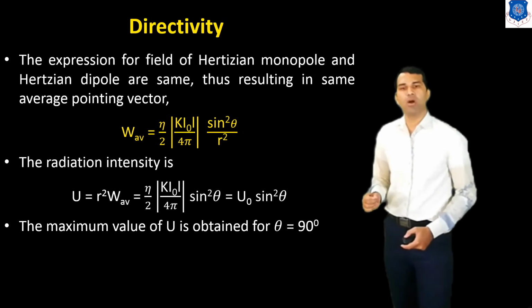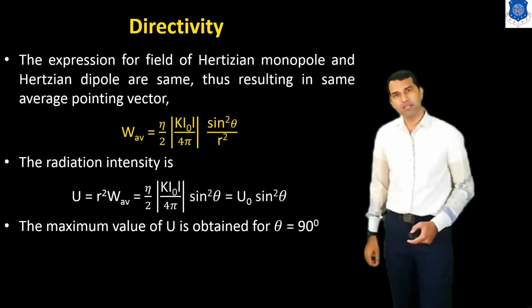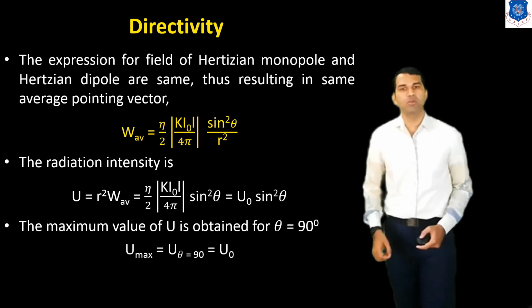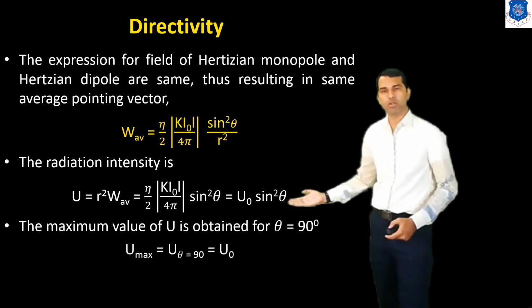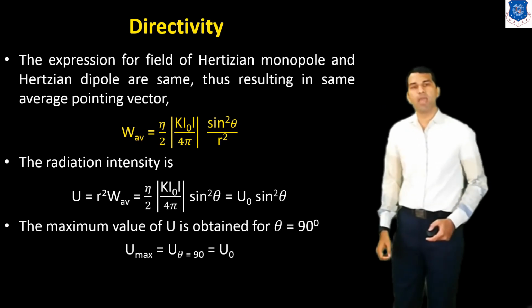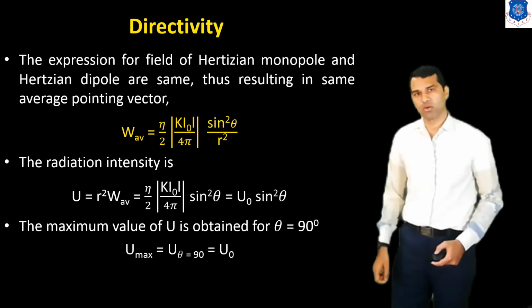The maximum value of U is obtained when θ is equal to 90 degrees. So when we substitute θ equal to 90 degrees in this equation, we get U maximum, the maximum radiation intensity, equal to U0.